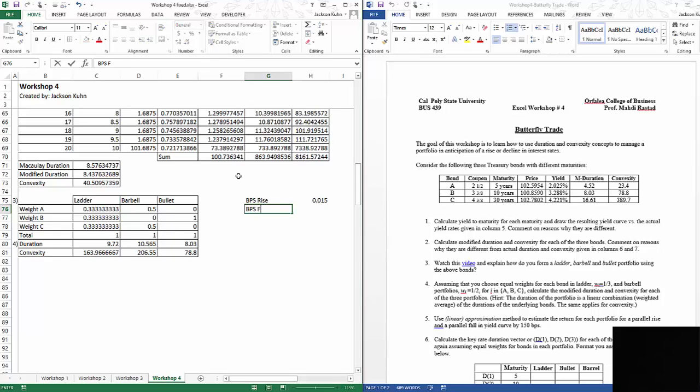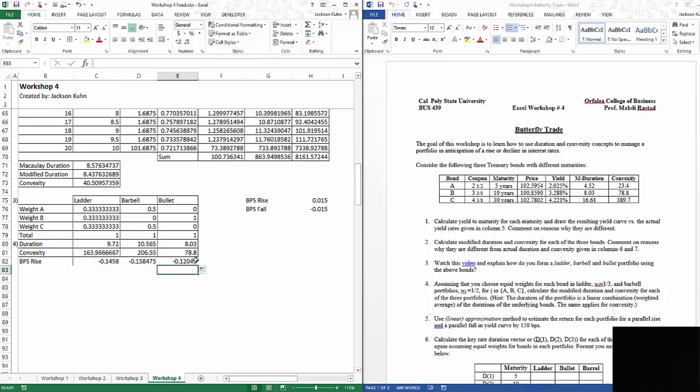And then BPS fall is just going to be negative 0.015. So now what we'll do, we'll go down here for BPS rise. It will be equal to negative duration times our basis points change, so F4 on basis points change. And we can now drag that across.